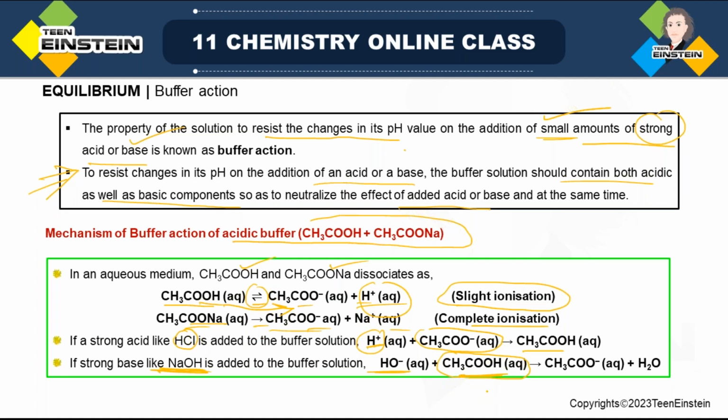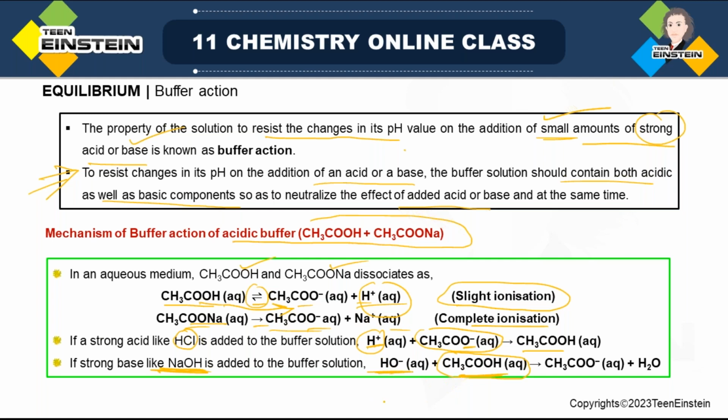That is because I have written undissociated acetic acid since the amount of it is high, just like in the previous case it is the acetate ion that is taken because its amount is high in the buffer solution. So we have taken undissociated acetic acid, which will act as the acid.